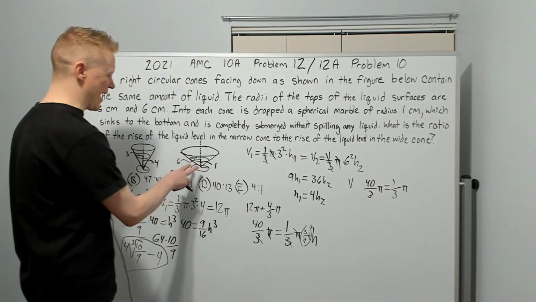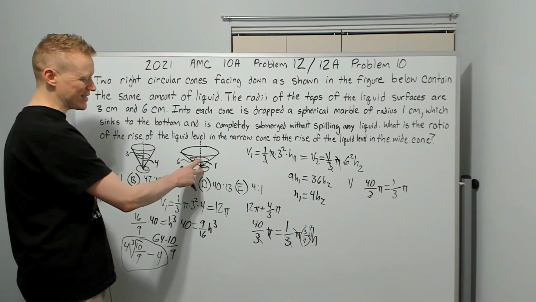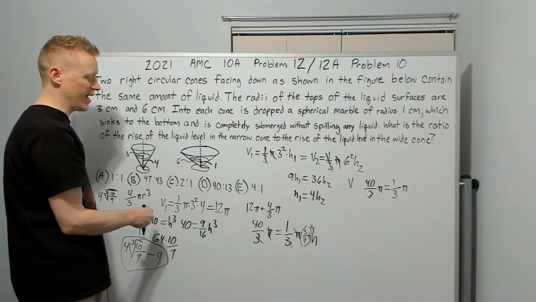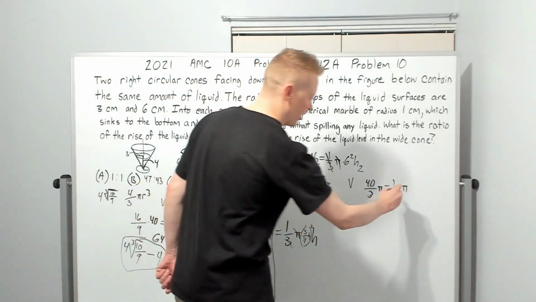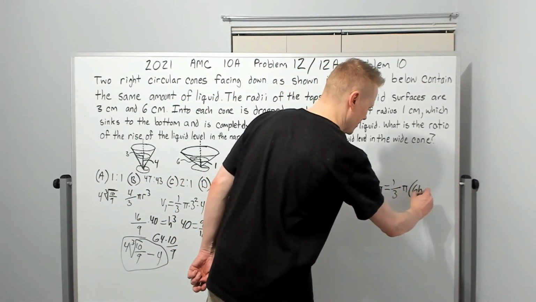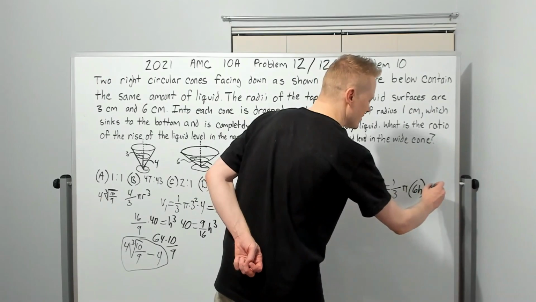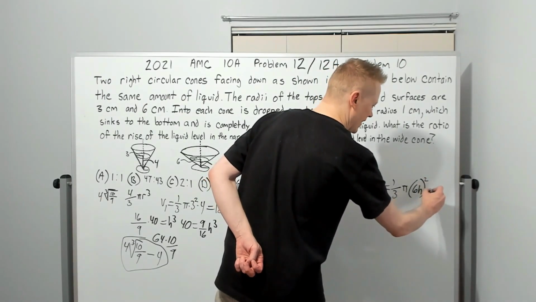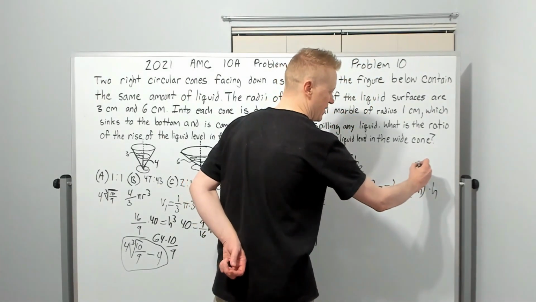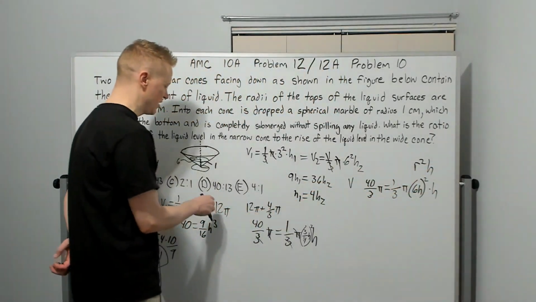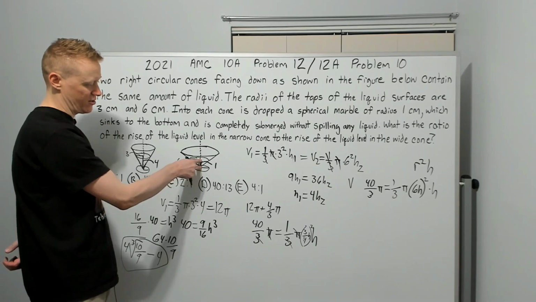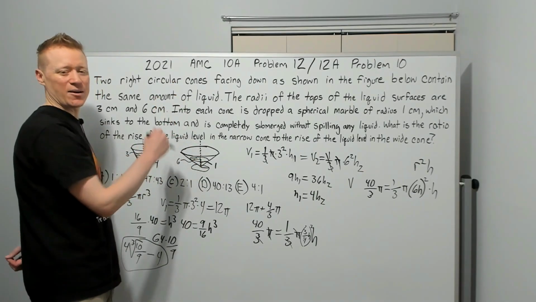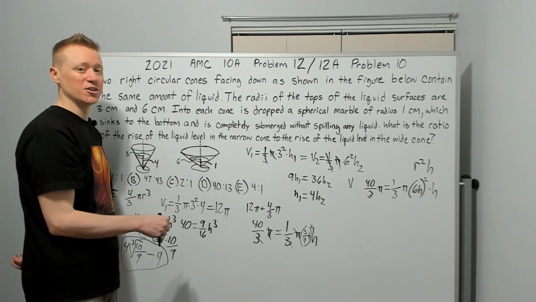But again, our r this time is a 6-to-1 ratio with the height. So we're actually going to have to replace this r with 6 times the new height, whatever the new height is. So 6 times the new height squared times h. Again, that's just the r squared h, where we see the ratio of 6-to-1 is the radius to the height. It's going to maintain that ratio throughout because of similar triangles.